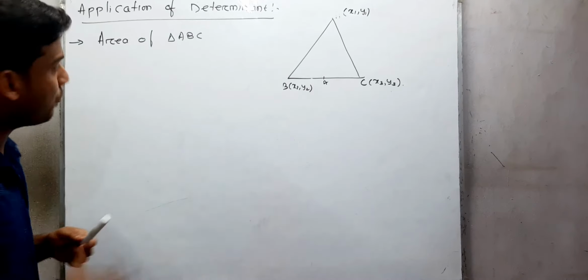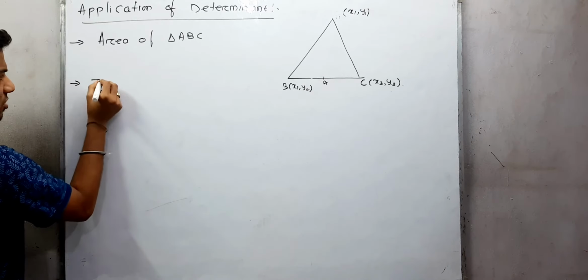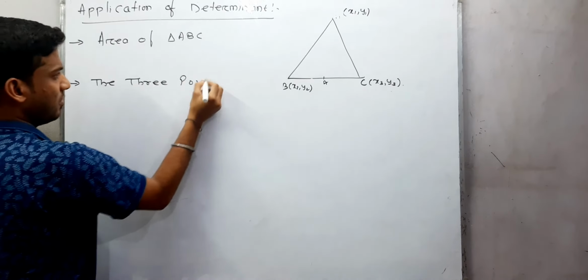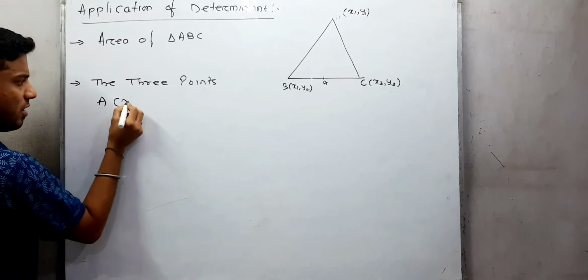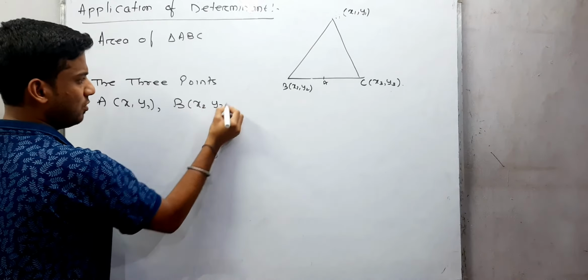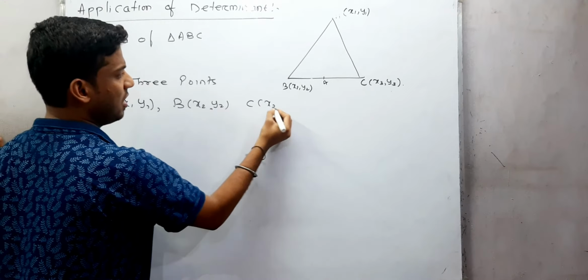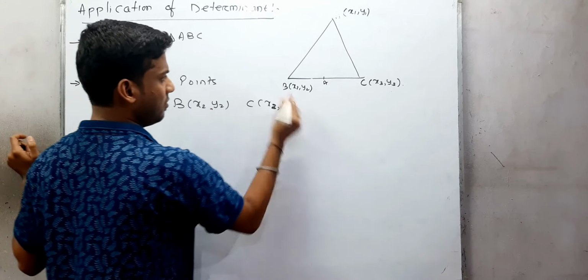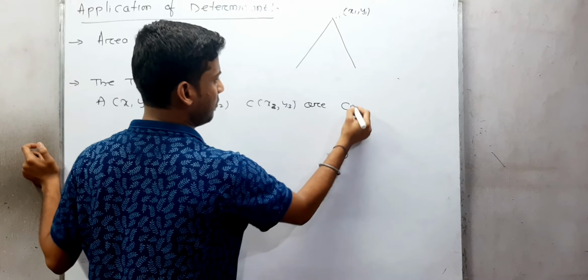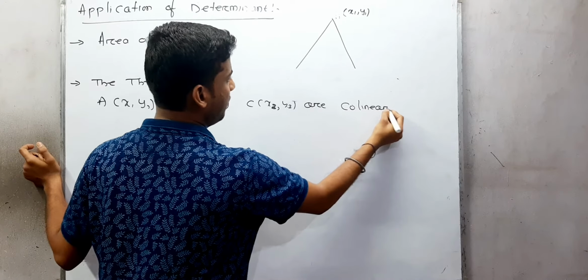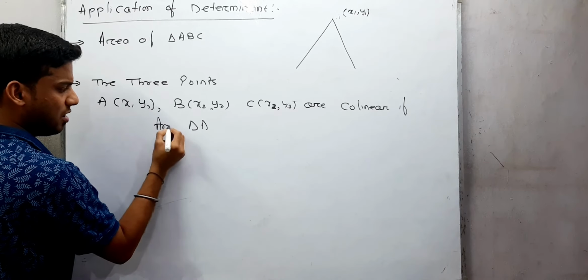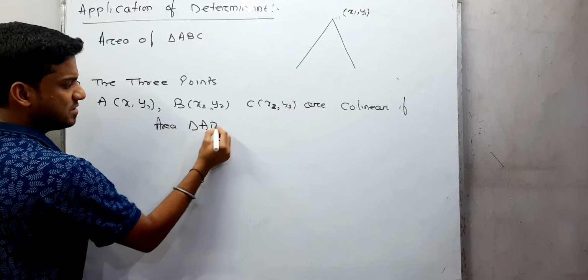The three points A is x1, y1, B is x2, y2, C is x3, y3 are collinear if the area of triangle ABC is 0.